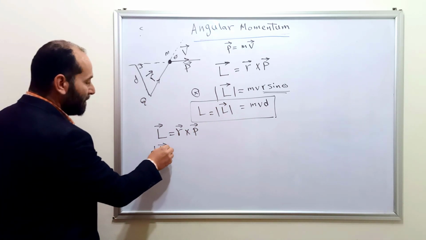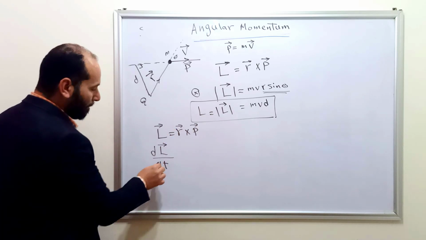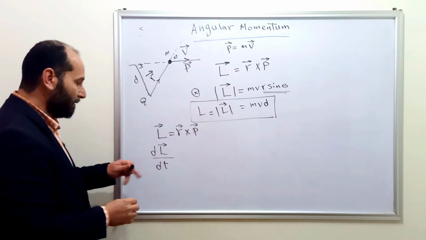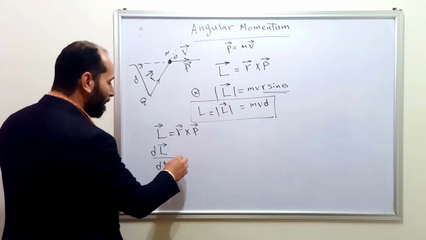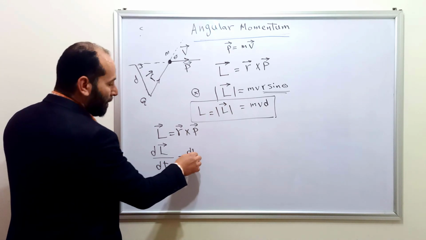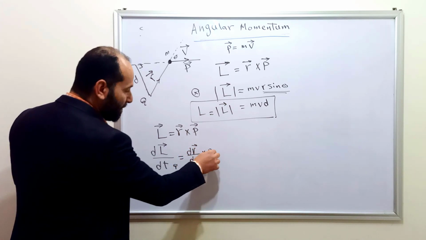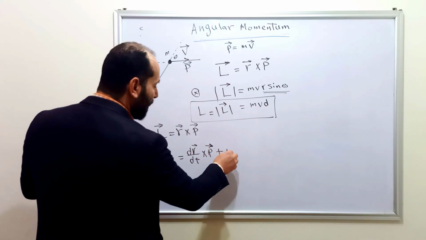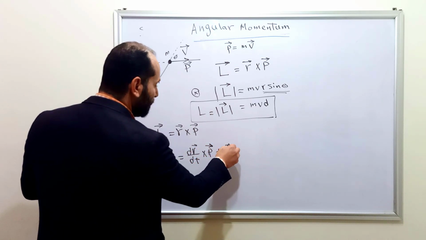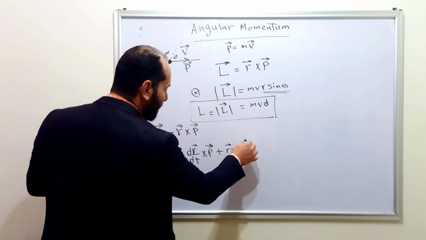If we find the rate of change of angular momentum with respect to time about the point Q, we find it equals dr by dt cross P plus R cross dP by dt.